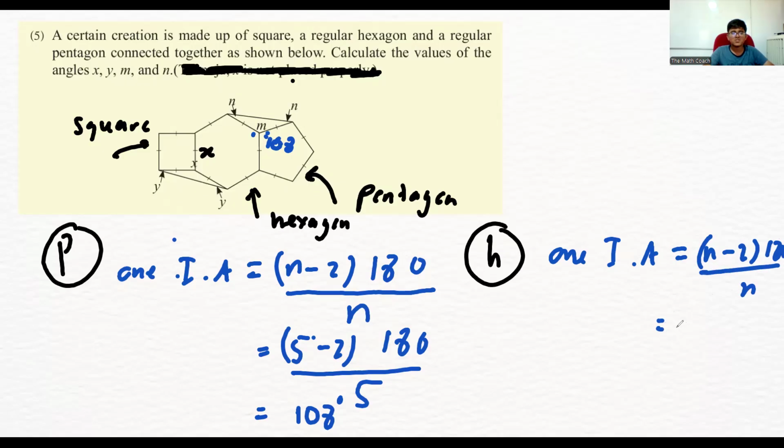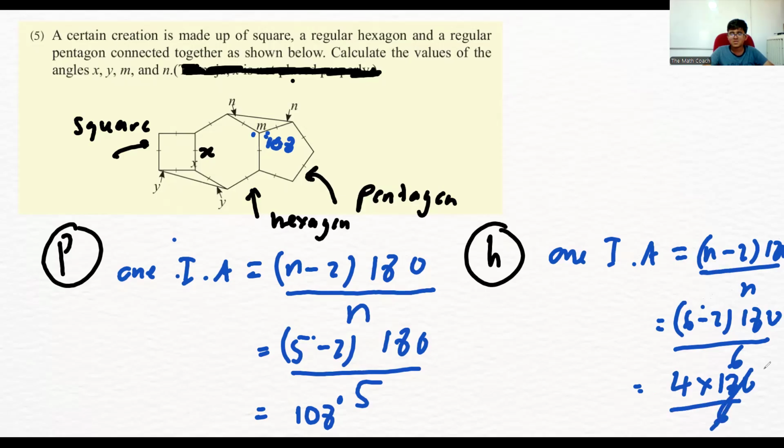A hexagon has 6 sides, right? So 6 minus 2, 4 times 180 divided by 6. The answer is 120 degrees. Now, I hope you have written all of this.